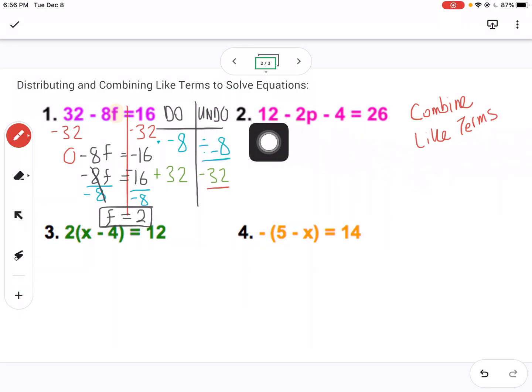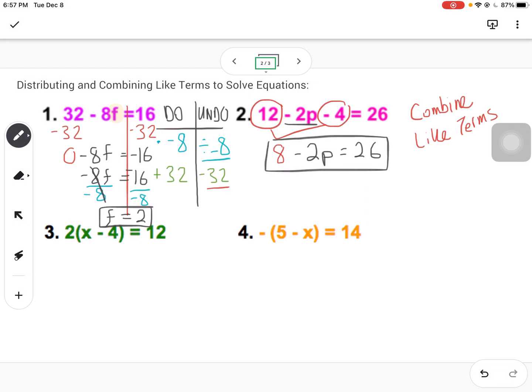So I can see here I have a 12 and a -4 that both do not have a p. So I could combine this 12 minus 4 and get 8, and then just keep this minus 2p equals 26. Now it's to the point where you could solve using your do and undo table.